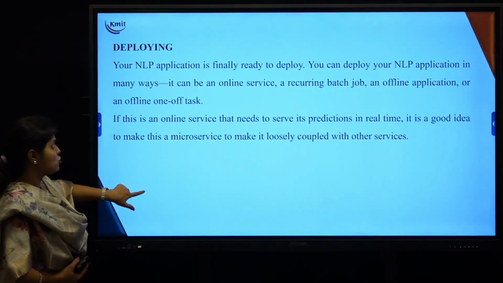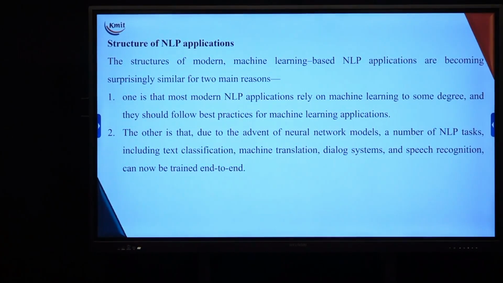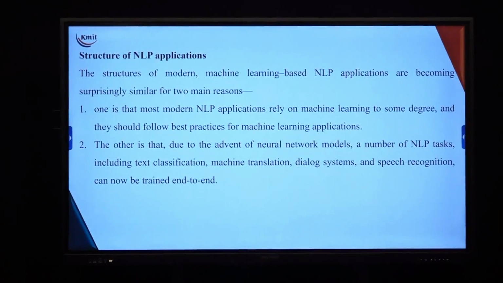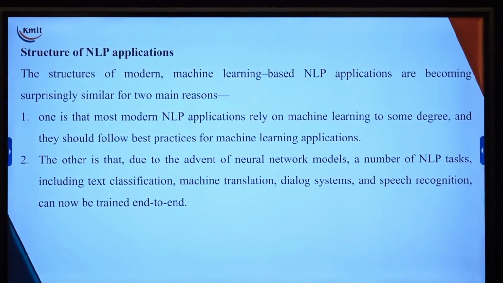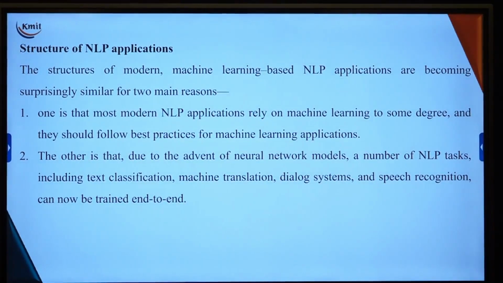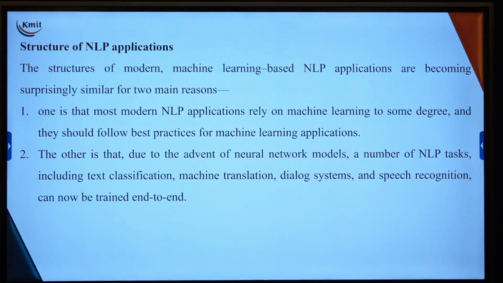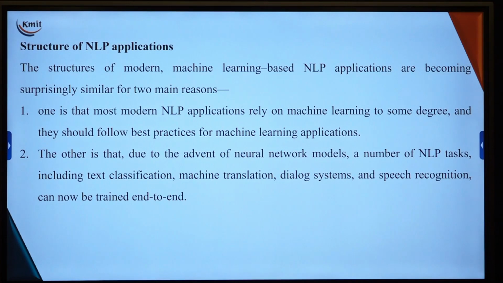Next, when we talk about structure, the structures of modern machine learning based NLP applications are becoming surprisingly similar for two main reasons. First, all of the NLP applications rely on machine learning algorithms to some degree. Second, due to the advent of neural network models, a number of NLP tasks can be trained end to end.